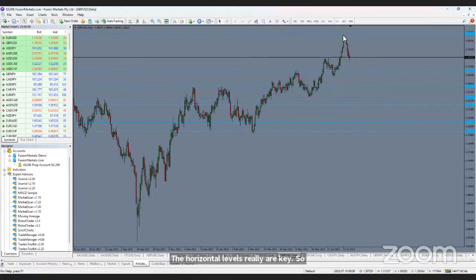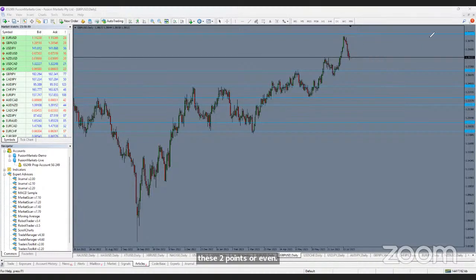So anyway, this is currently retracing. I am looking for a return to the upside, although this is a very steep retracement, and I'm again anticipating the potential for perhaps a return to the upside followed by some kind of lower high, and either a range between these two points or even a move to the downside.